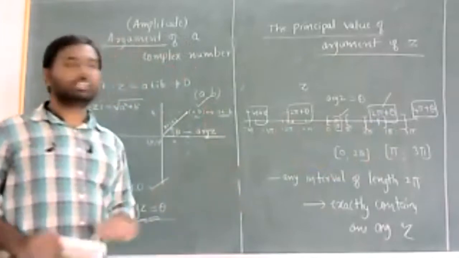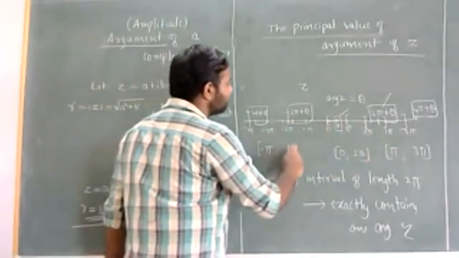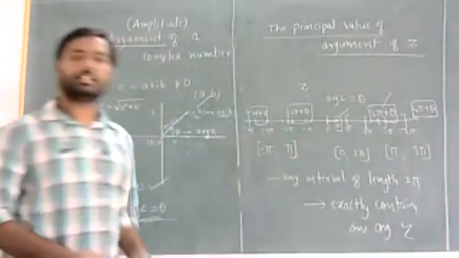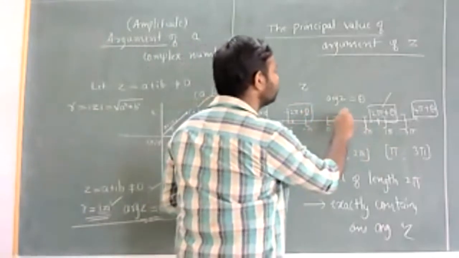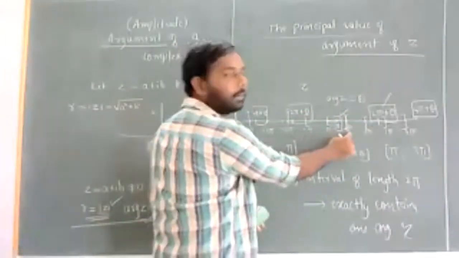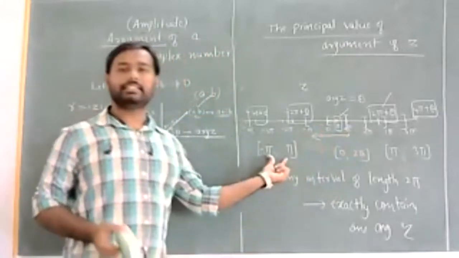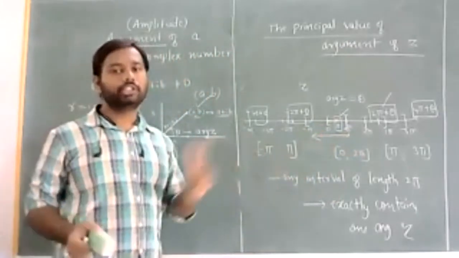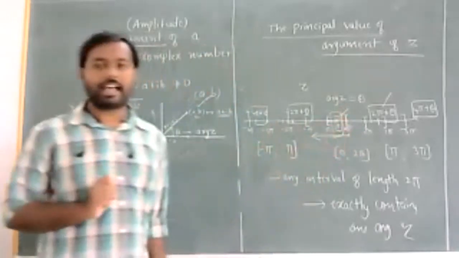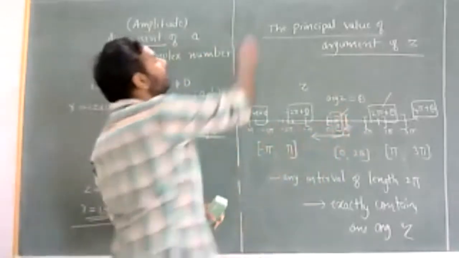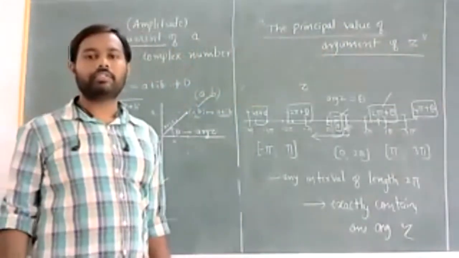And universally, we consider the interval minus pi to pi. That is this interval, minus pi to pi. Once again, it is an interval of length 2 pi, so it should contain exactly one argument value, and that argument value is called the principal value of the argument of z.